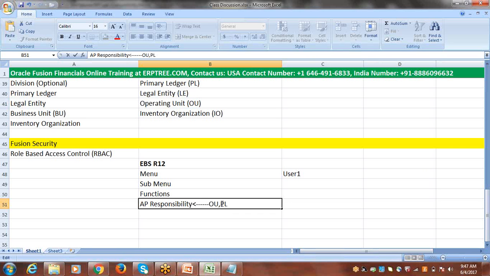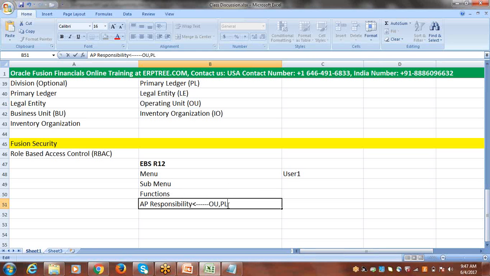So the user will have access to that operating unit's data and that primary ledger's data. This responsibility will provide access to forms. Then that user can work on accounts payables responsibility functions for a specific operating unit.